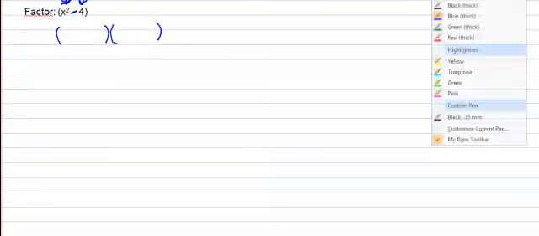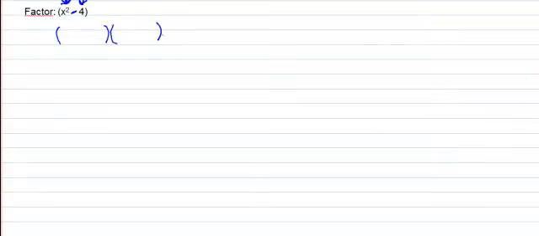Now the other thing when we are doing this is we have to look for the sign in the middle, and that sign in the middle needs to be negative, and we'll go there in just a few minutes why. But the first step we said was to draw the new double parentheses. The next step was to take the square root of the first term. So x squared is the first term, the square root of that is x, and we place that in the first position of our new parens.